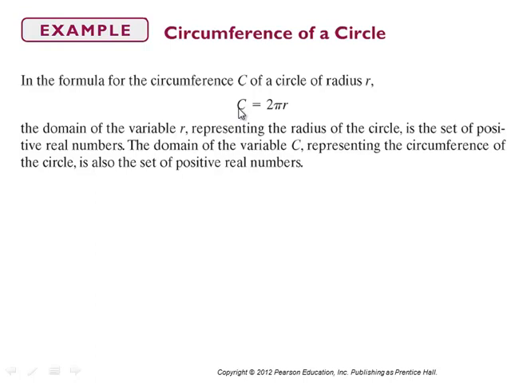If you think about C being dependent on r, well, r could be any positive number. If you want to talk about the set of possible values for C, well, it will also be positive, because it doesn't make sense to have a negative circumference or a 0 circumference.